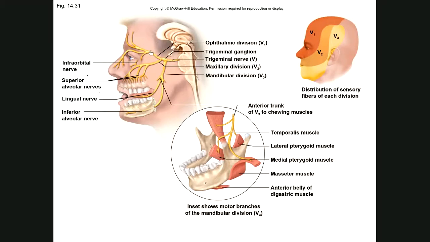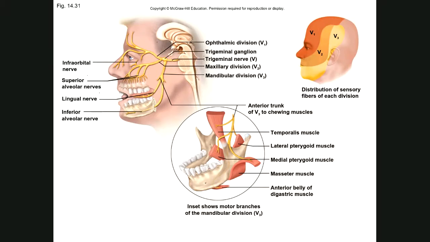An ophthalmic one for the eyes and upper face, a maxillary branch here for the upper teeth and cheeks, and then a lower branch here, the mandibular branch, which is the one that innervates your lower teeth, your lower mouth, and also distributes innervation for movement of the muscles for chewing, especially the masseter muscle, along with a few other minor muscles we use for chewing, but the greatest one being the masseter.